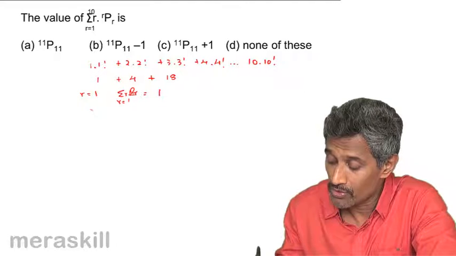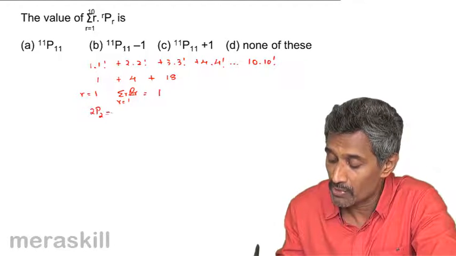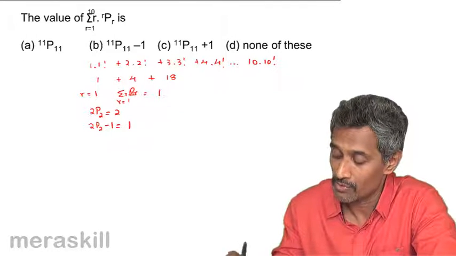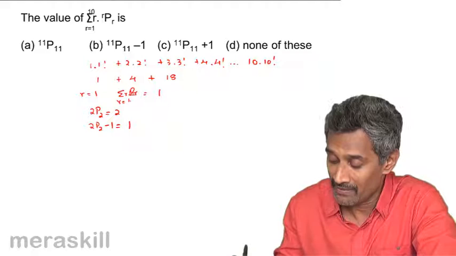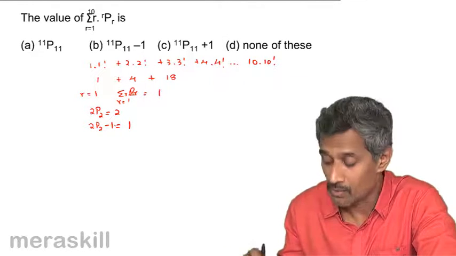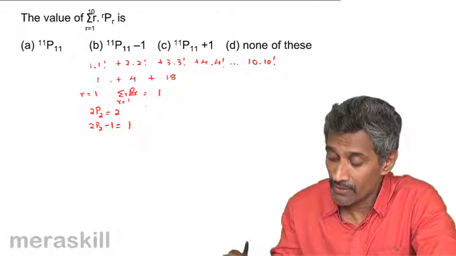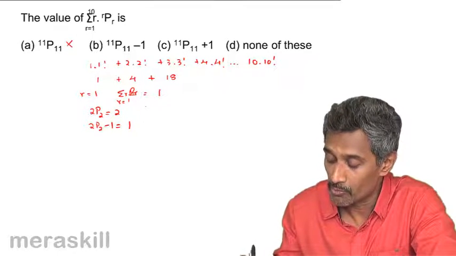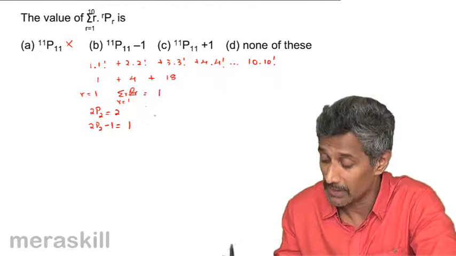And let's see what is 2P2. 2P2 turns out to be 2, which is not this. What about 2P2 minus 1? That is 2 minus 1, 1. So in that case, when R is 1, the sum of the series is the same as 2P2 minus 1. Definitely not this, and definitely not 2P2 plus 1. 2P2 plus 1 will turn out to be 3.